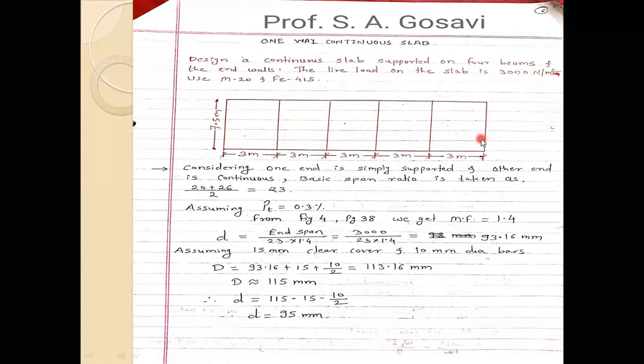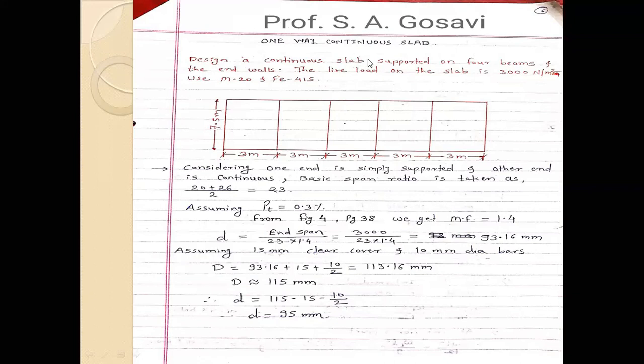Instead of that, in such cases, we go for the continuous slab. The slab which is continuous over two or more than two supports is called a continuous slab. So we will see the problem statement over here.